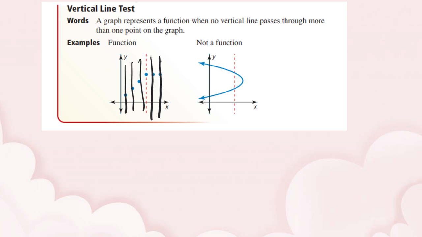So that's why it becomes a function. There are no two points touching. But now let's look at where it says not a function. Do you see this here, and here? It touches, right? But let's say I do a line here. Is it still touching two points? Correct, we're touching here and here. That means that it is not a function. Got it?